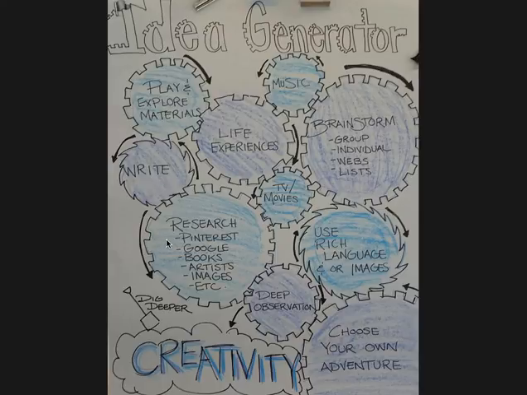You might research, looking on Google or Pinterest or books, looking at other images. You might use TV or movies as an example. You might look at language or images. You might observe something, so maybe setting something in front of you, drawing it, and then using that to work from for your painting. Those are just a few ways that you can come up with your ideas.